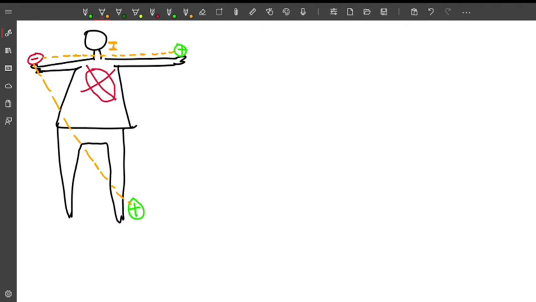Then lead 3 will have its positive pole in the left leg and negative pole in the left arm, and again an imaginary line between the poles. This is lead 3, this is lead 2.